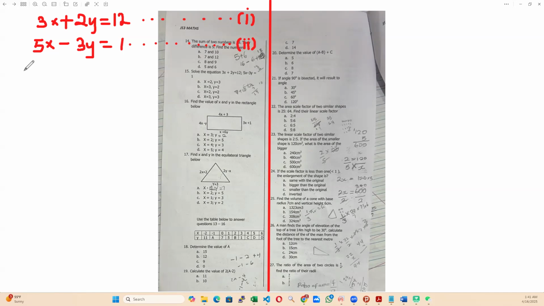We're going to eliminate y. Okay, so using the elimination method, if you want to eliminate y, what value do we multiply equation 1 with? And what value do we multiply equation 2 with?